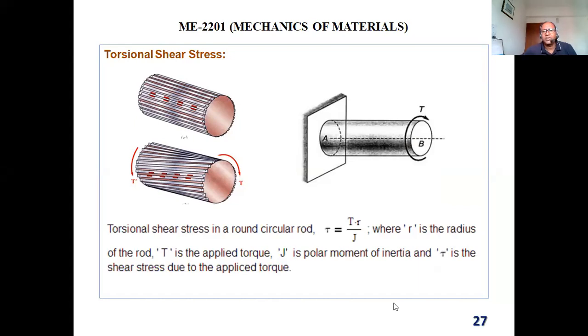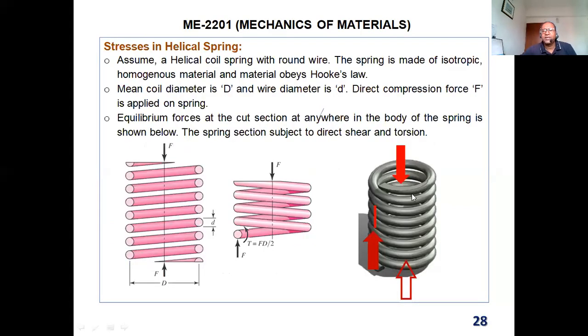But in the spring, what happened? Initially, this rod was straight. Then you carve it by a special machine to make the spring. But we are applying torque like this on this wire.